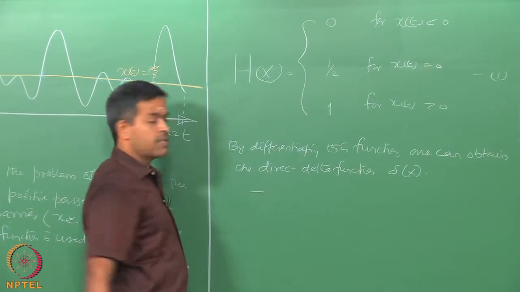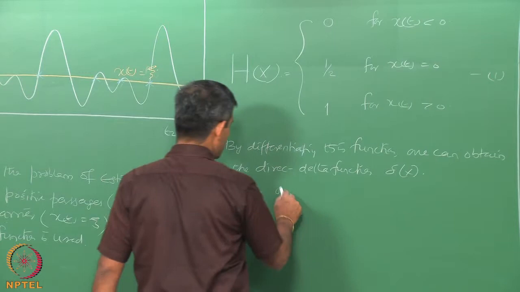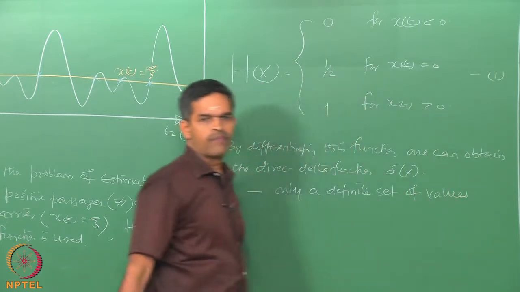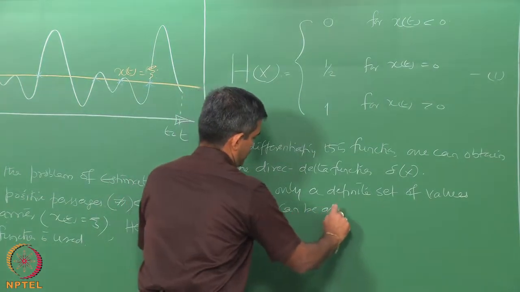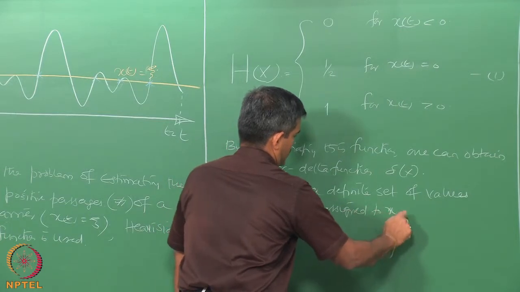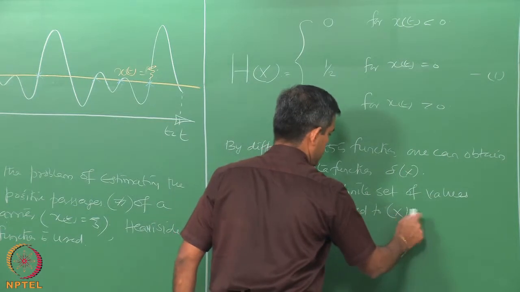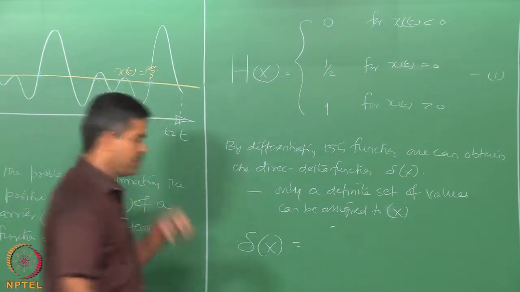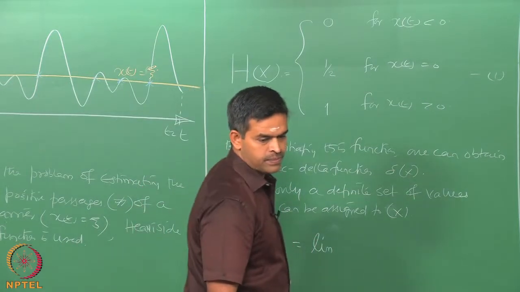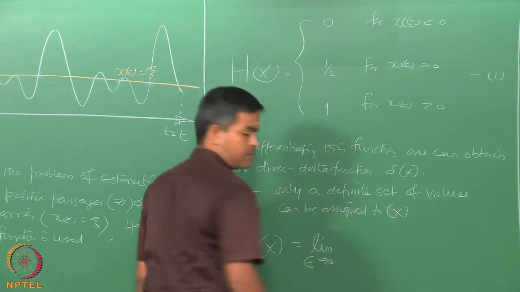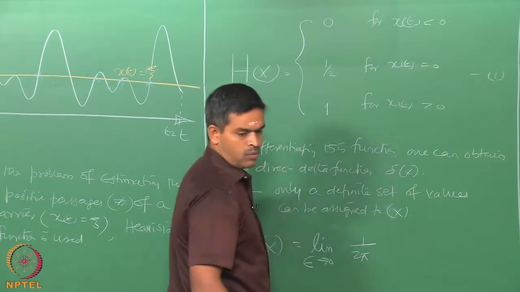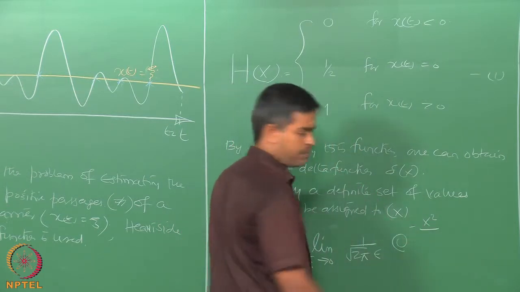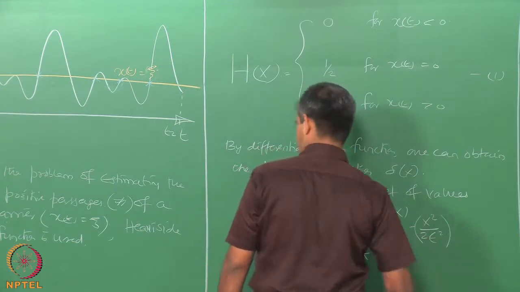Now, the advantage of that method of obtaining the Dirac delta function is that only a definite set of values can be assigned to x, which is given by the Dirac delta function of x equals limit epsilon tends to zero of 1 by root 2 pi epsilon e to the power of minus x square by 2 epsilon square. Equation number 2.